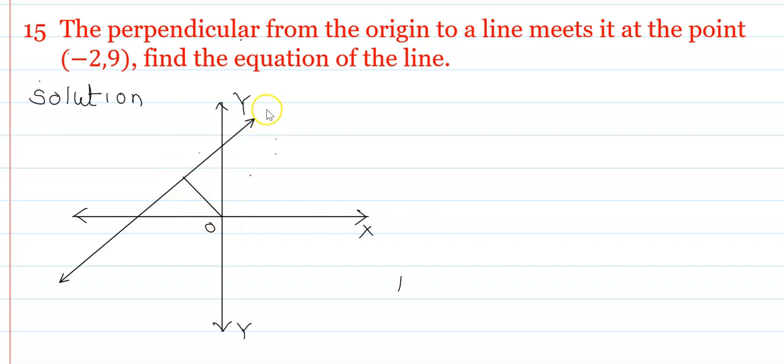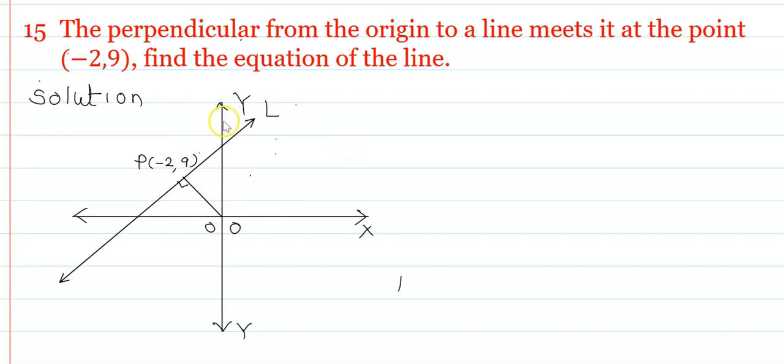This is the line L. We want to find the equation of this line. O is a point, and this is the point P where it is a perpendicular, whose coordinate is minus 2 and 9. Okay. Now first, slope of OP.